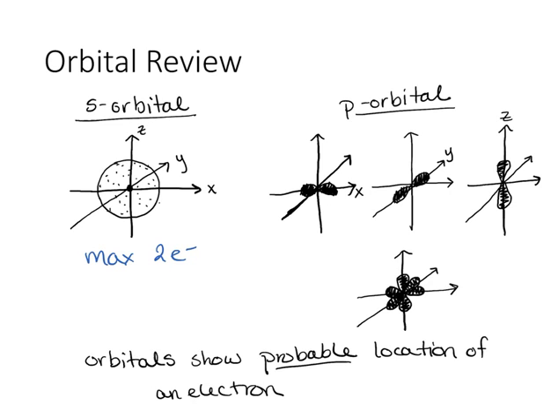How many electrons can exist in that specific orbital? 2. All right, so that's true for each of these. So then how many maximum electrons can exist in the p sublevel? 6. Okay.